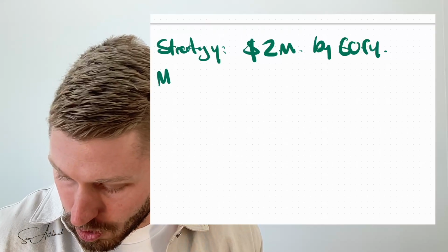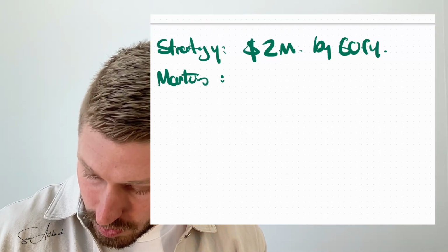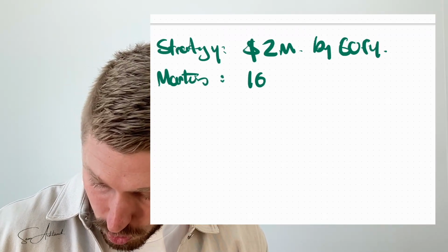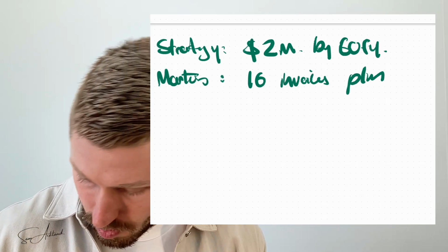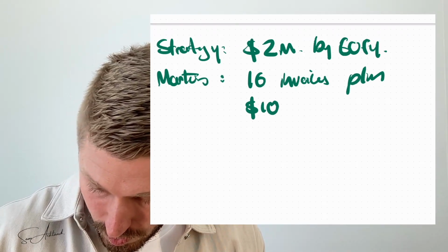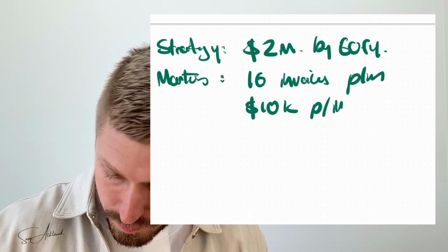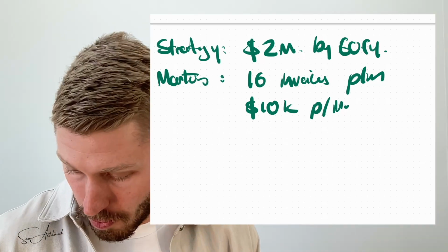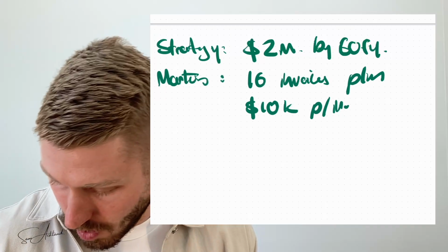Now, in order to achieve that, our marketing goal needs to be 16 jobs, 16 invoices per month as our primary, and our secondary is a minimum of 10K average invoice value.